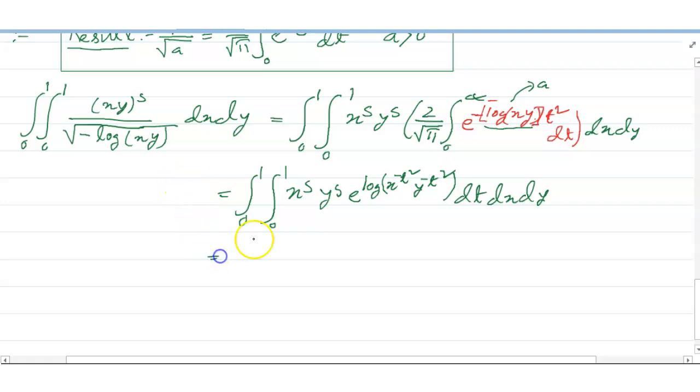So friends, I can write it this way, and 0 to infinity also I have to write, and 2 by root pi I will write in here.